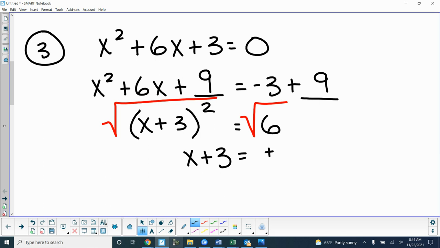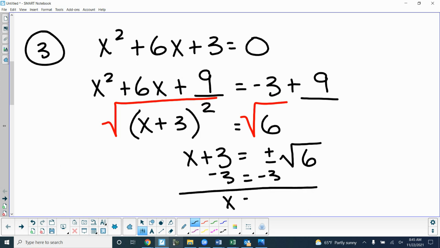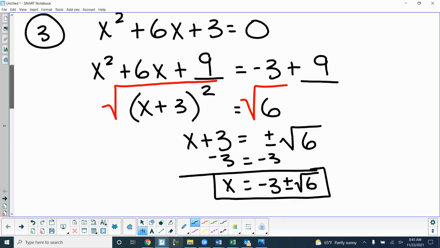We still need that plus or minus symbol, though. Don't forget that. So to finish up, we're going to get the 3 to the other side. So our answer is x equals negative 3 plus or minus the square root of 6. Any questions on that?